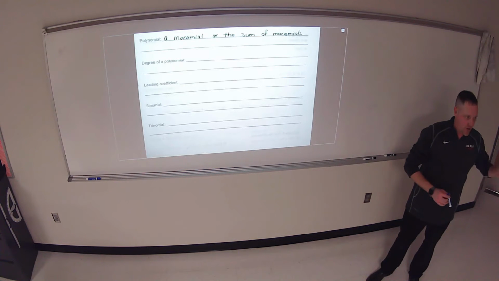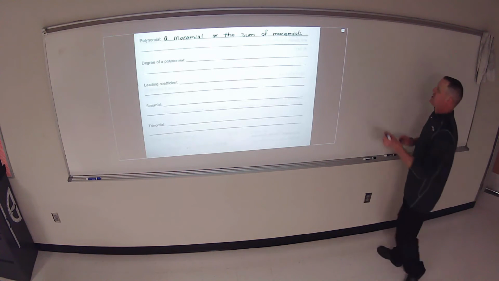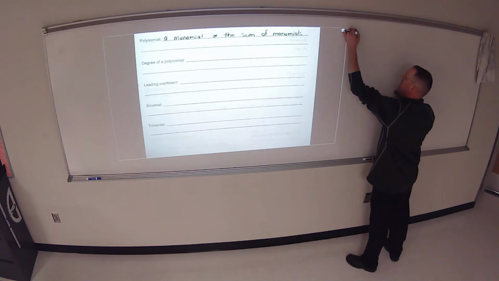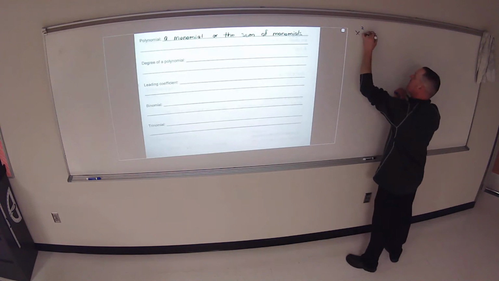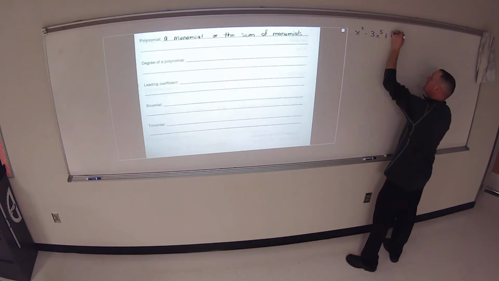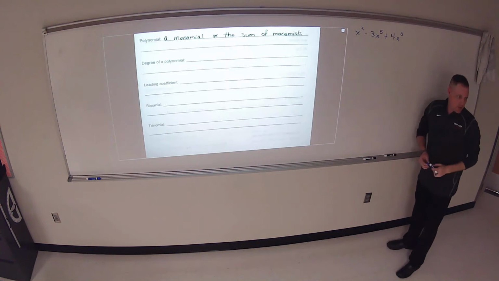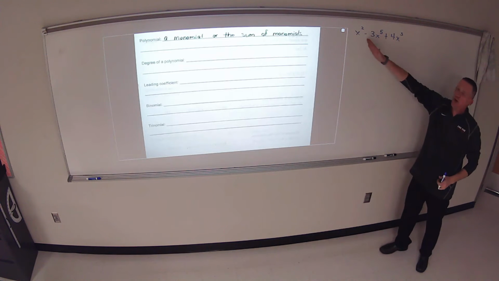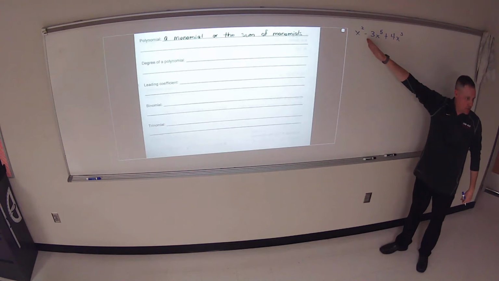We're far enough mathematically that the word sum does mean addition, but that also means that I could write it like this. Why? Because we know that every subtraction problem can be rewritten as addition.